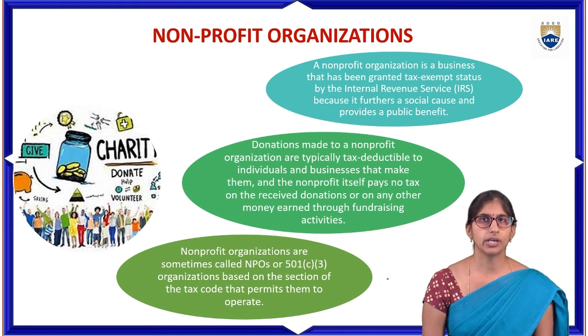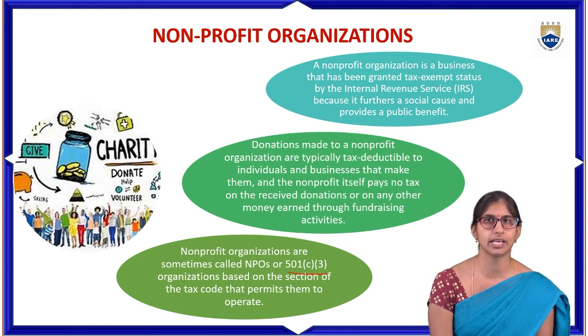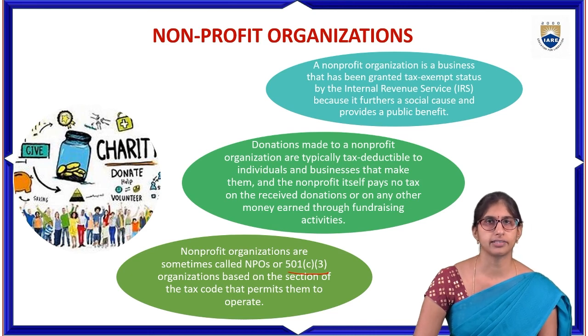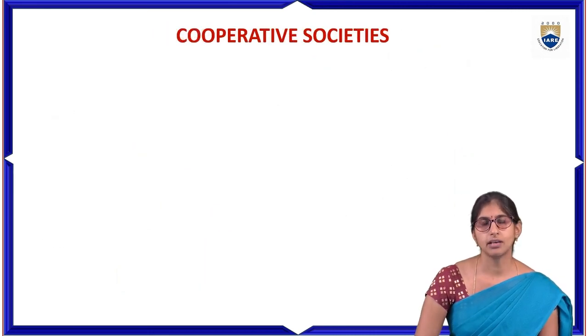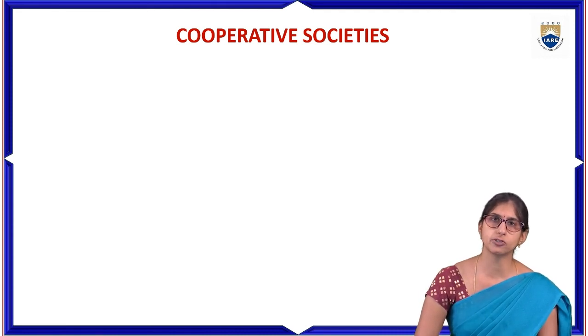Okay, so these organizations are also called NPOs, or we also call them 501(c)(3) organizations, based on the section code that permits them to operate this kind of non-profit organization. And now coming to the next and last type of business organization, cooperative societies.